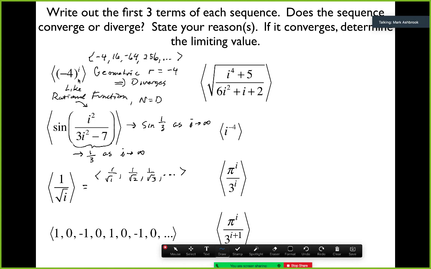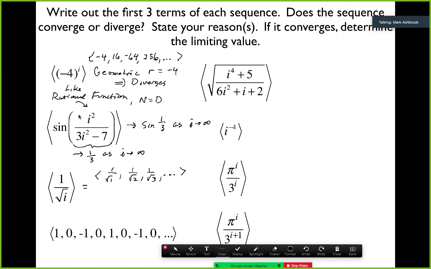A geometric sequence is r to a power i, like this. A p-sequence is 1/i to the p. Anything else is not geometric or p-sequence. Oh, okay, that makes sense. Thank you. P-sequence has to be like this. Geometric has to be like this.